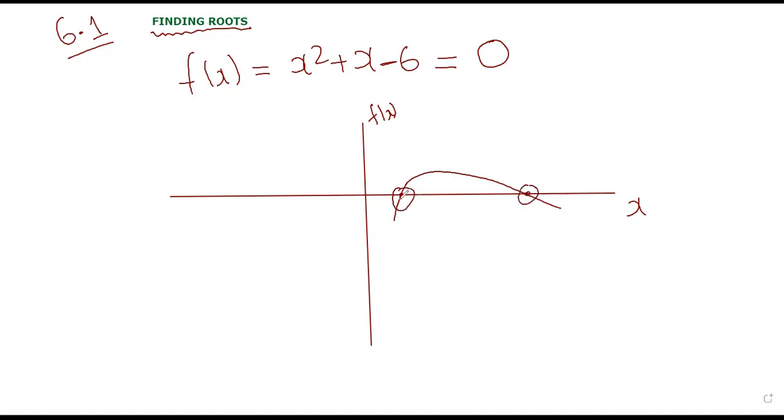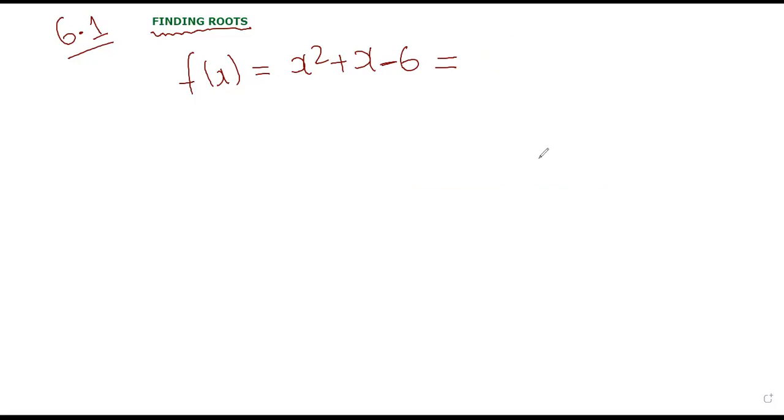So at these two values of x, f of x is 0. Whatever x is, f of x would be 0. So this is basically what roots are. Roots of a function are values of x where the function is 0. Okay, you need to know this concept.